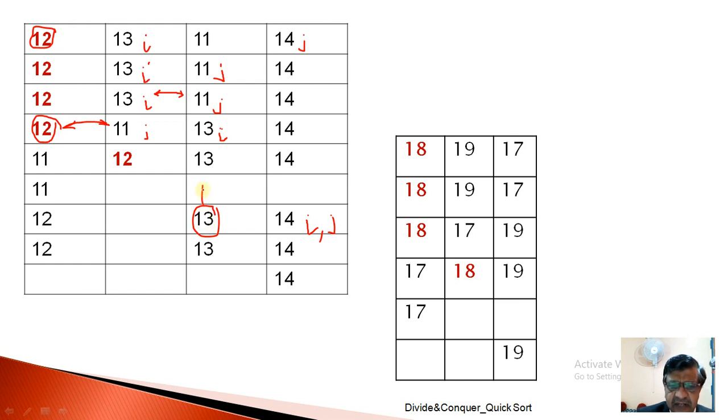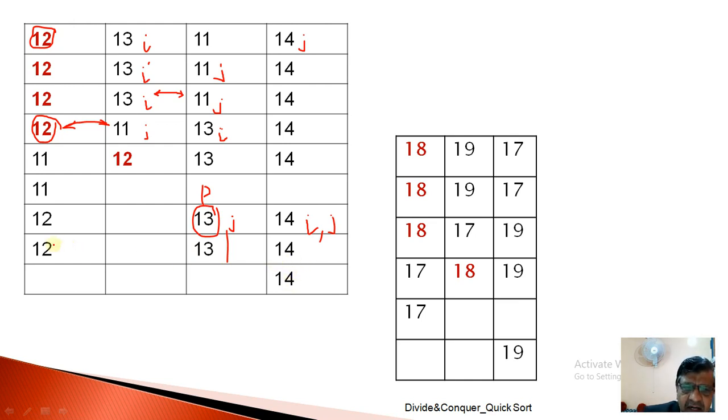This stands to be the pivotal element in the further iteration. So j will come and stop over here, and the pivotal element 13 is exchanged with j itself. So 13 remains over here, and the array partition happens over here, and 14 will remain over here, and there will be only one element left.